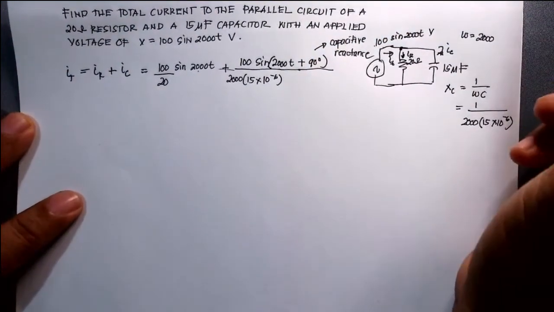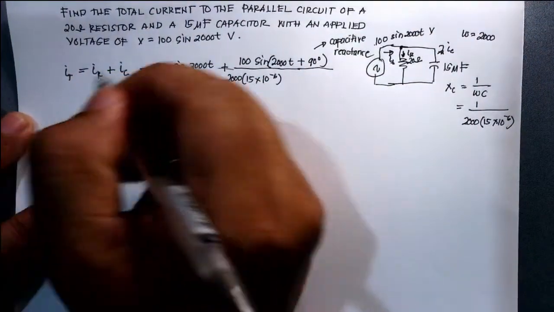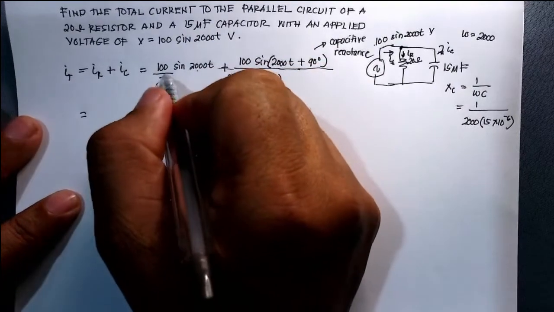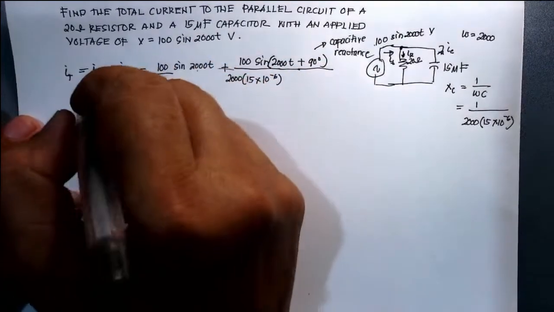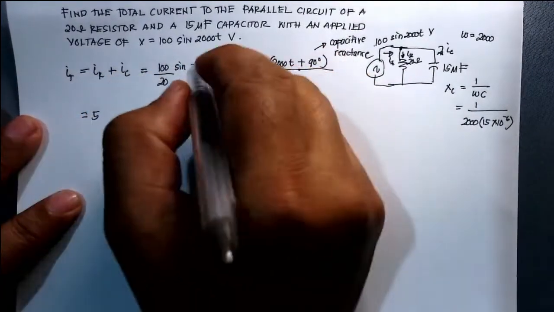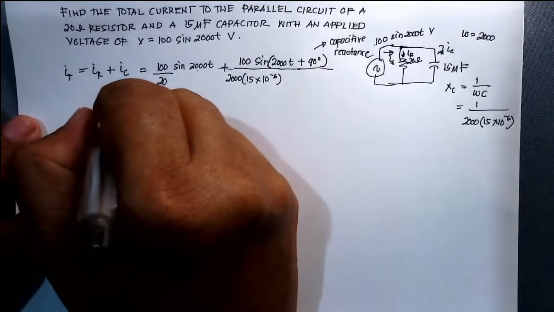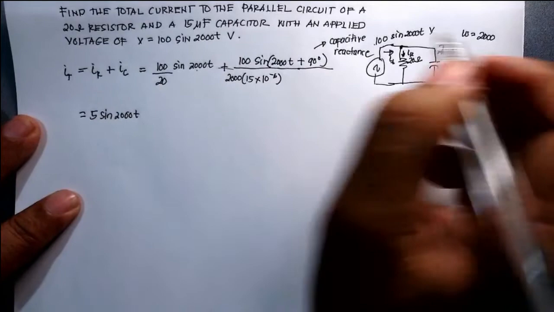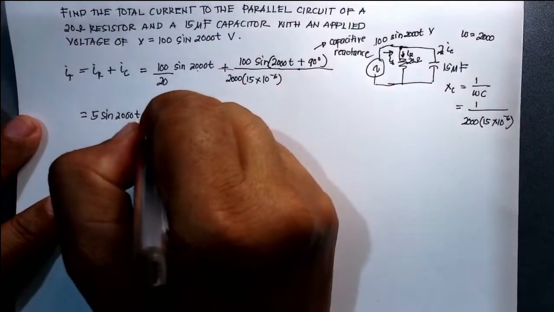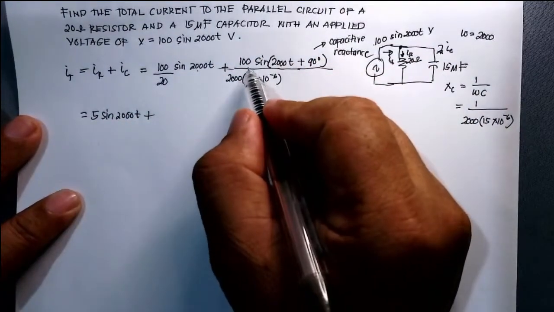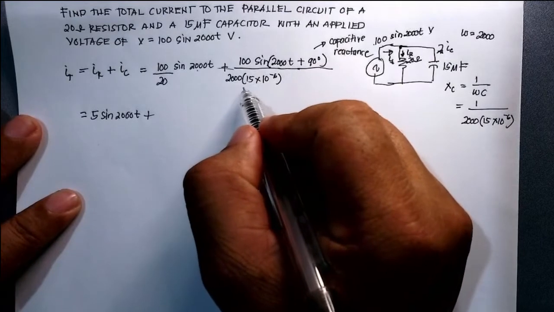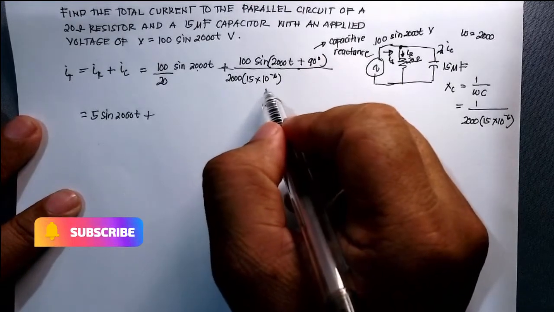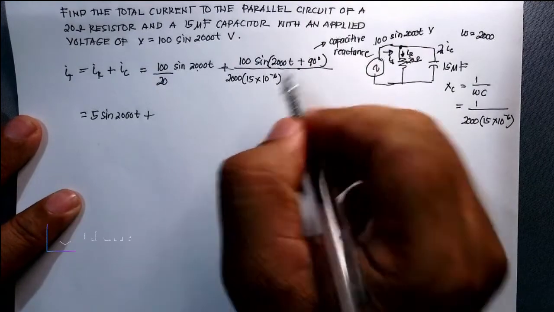So therefore we can now simplify. 100 divided by 20 will give us 5, and then I copy sine 2000t, and this one plus, you have 100 divided by 2000 divided by 15 times 10 raised to the negative 6.